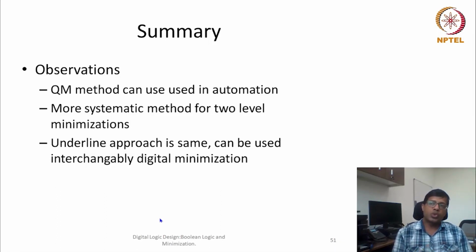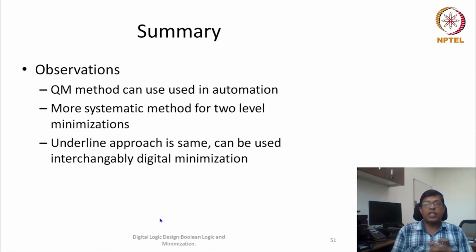So this understanding of how two min terms or two variables get combined, or how one particular variable gets optimized out of two product terms, can be used interchangeably.